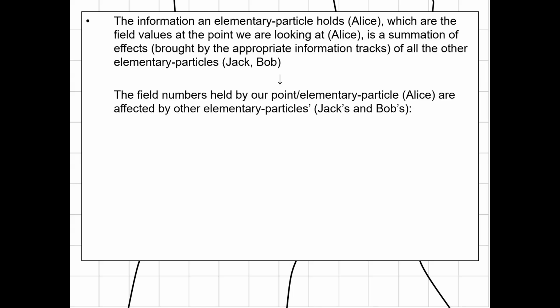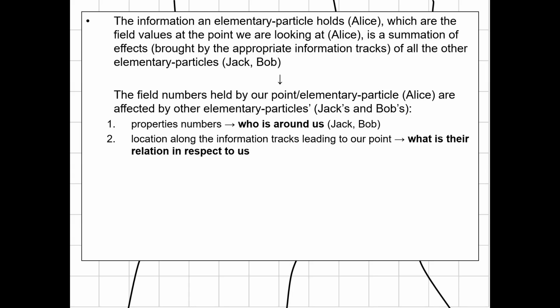And as we showed, the field numbers held by our point are affected by other elementary particles' property numbers, and the property numbers define what type of elementary particle the world line is, so they tell us who is around us, in our case Jack and Bob. And the second part is the location along the information tracks leading to our point. And this tells us what is the world line's relationship in respect to us.